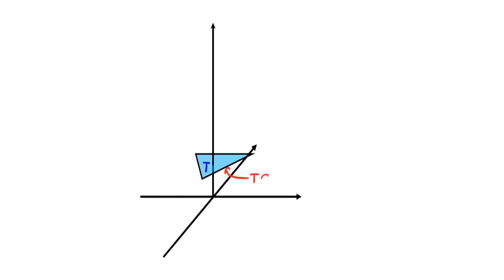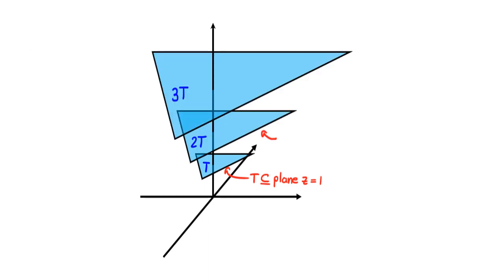This will put our triangle T onto the plane z equal to 1. And n times T will be on the plane z equal to n for each positive integer n. Therefore, this will make all of our triangles disjoint. And plus, this does not ruin the number of points in each dilated triangle, so we're good.